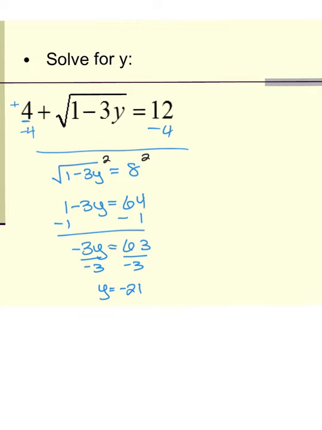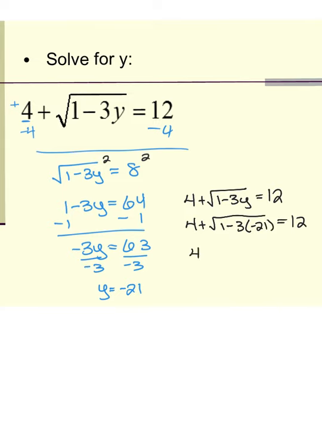I want to check that in the original equation. So 4 plus square root 1 minus 3y equals 12. I'm going to plug in what I believe y is. If you hate using your brain, you can always cheat a little bit and type that in the calculator.